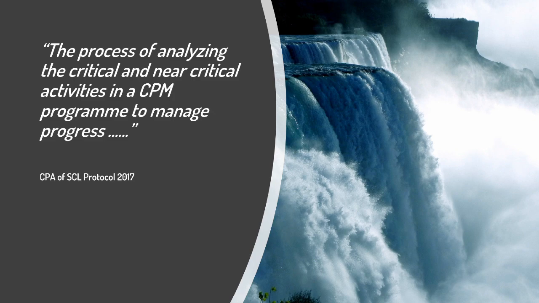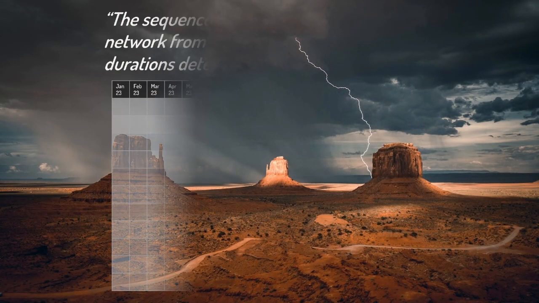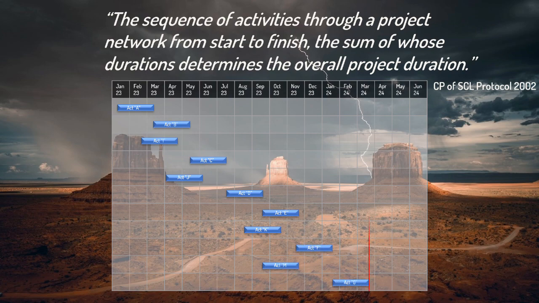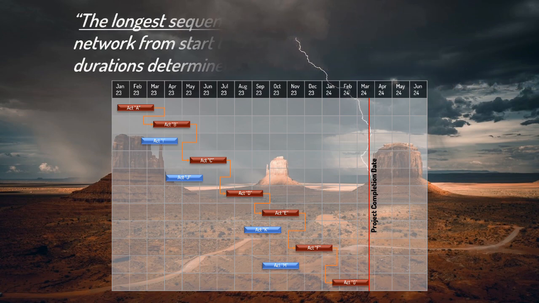Now, after the definition of CPM and CPA, we have to understand what the critical path definition is. The SCL Protocol Edition 2002 defines a critical path as the sequence of activities through a project network from start to finish, the sum of whose durations determines the overall project duration. However, there is a slight change between SCL 2017 and SCL 2002, where the definition became more clear.